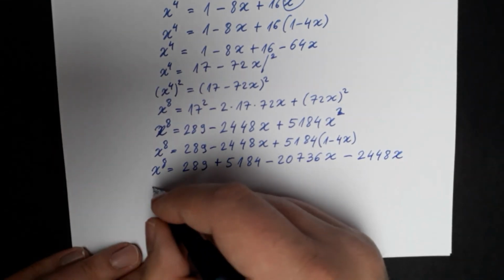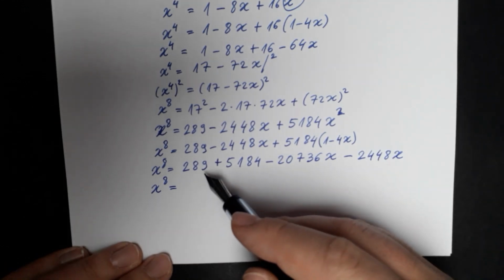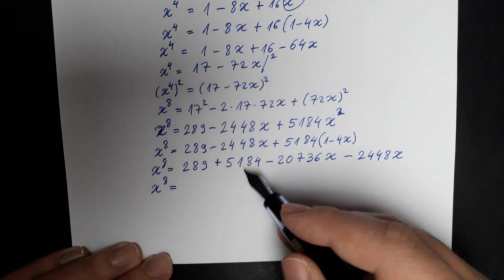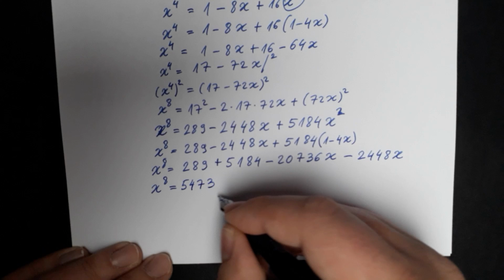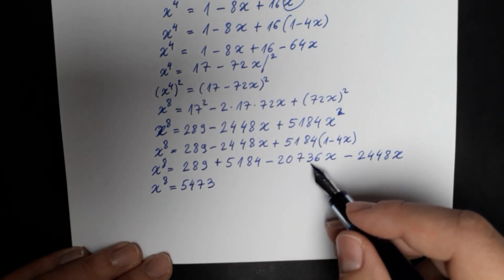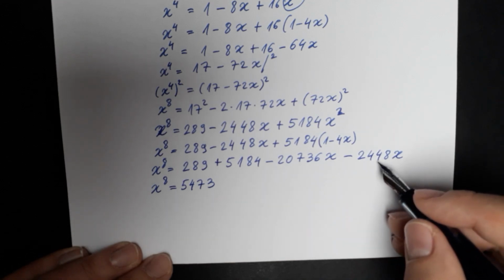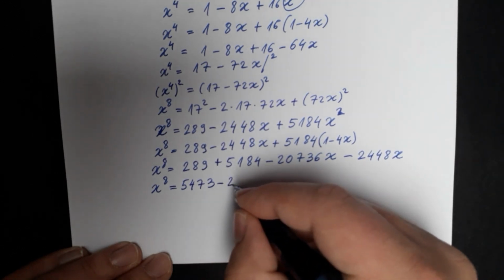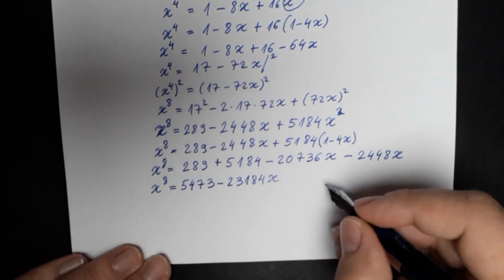So x to the 8th power is equal to 289 plus 5184, that is 5473, and we have minus 20,736x minus 2448x, to be negative 23,184x.